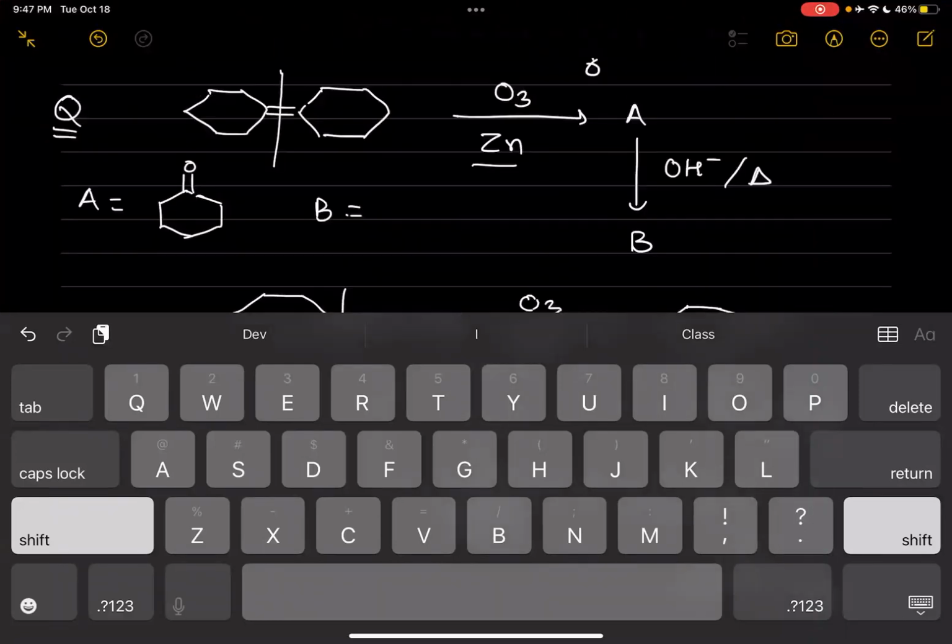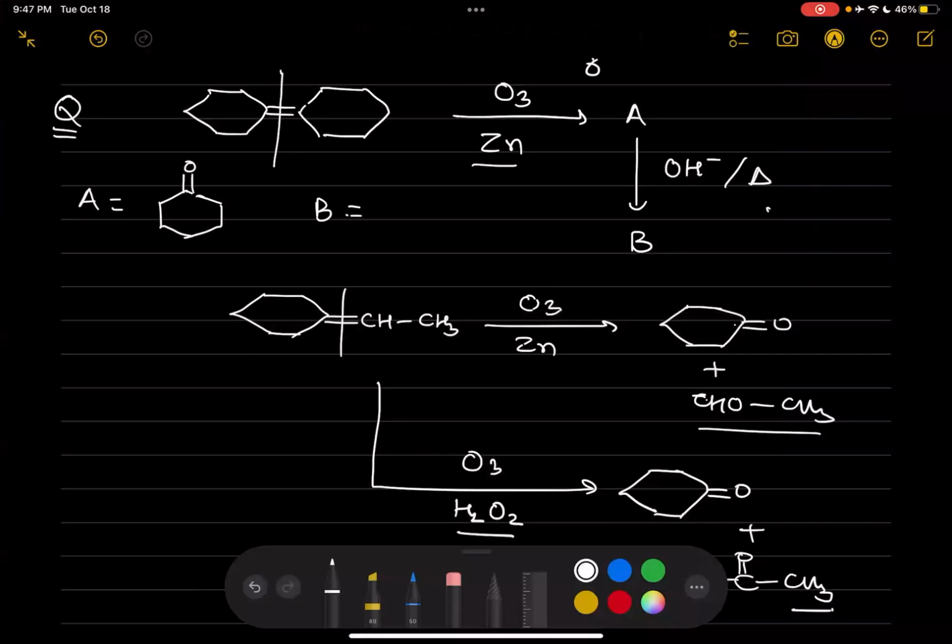So what I will do, I will show it here. I will write the ketone over here, and I will write the same ketone. Can you see that this ketone is same? But what I will do, I will show the alpha hydrogen and I will remove the water.